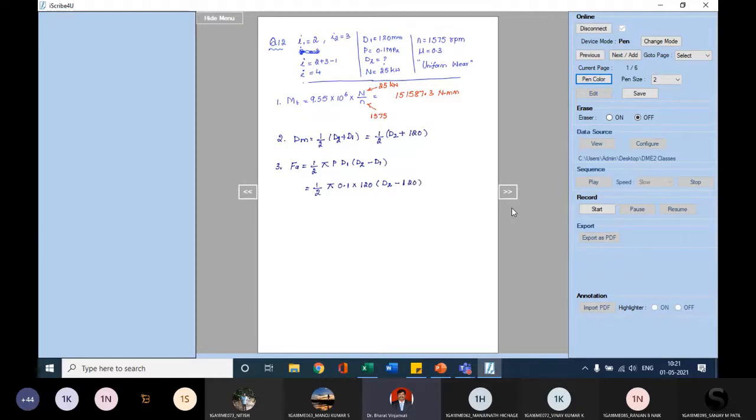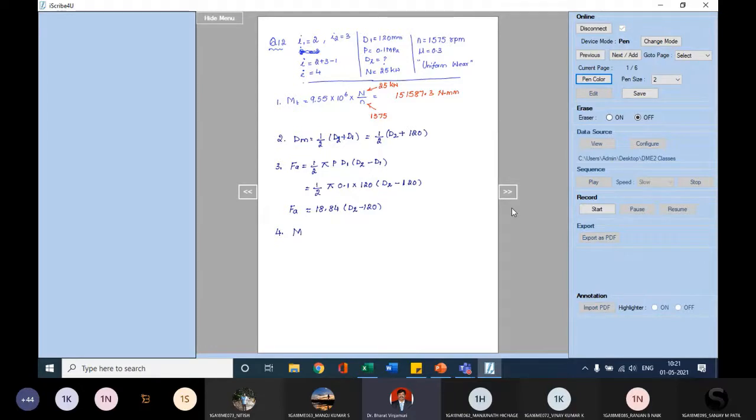So the value will be in terms of D2 minus 120: 18.84 into D2 minus 120. We have got step number 3.